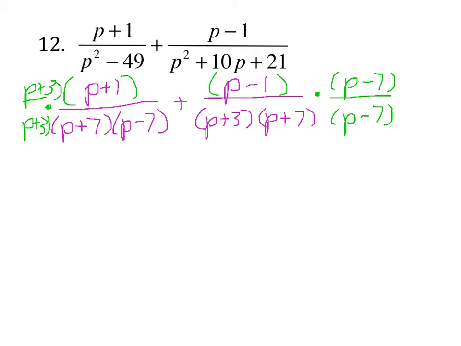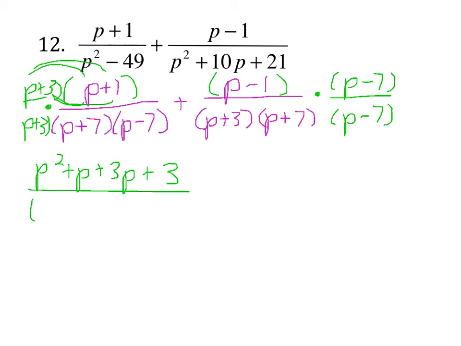So if we FOIL the top of the first term, we're going to have p squared plus p plus 3p plus 3 all over our common denominator, which is p plus 3, p plus 7, p minus 7.